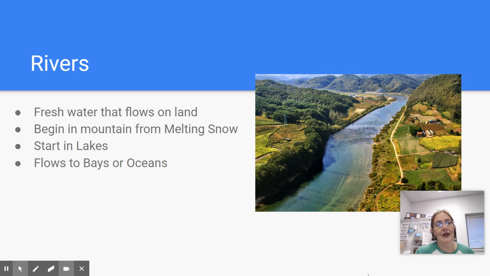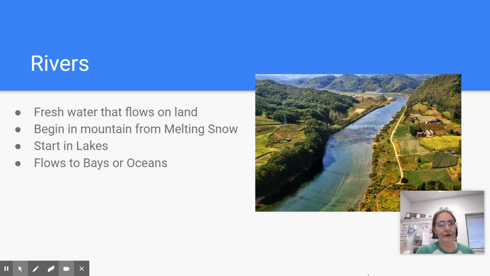And again, sometimes they will flow into the ocean. I think the Delaware River actually flows into the ocean. I can't remember. The Nile River in Egypt flows into the Mediterranean Sea. So that's an example of a river that flows into an ocean or a sea.